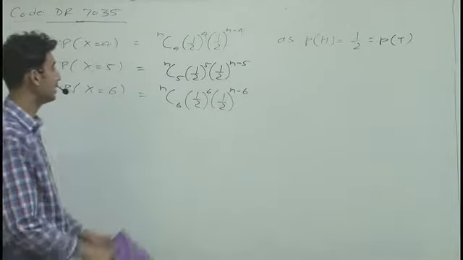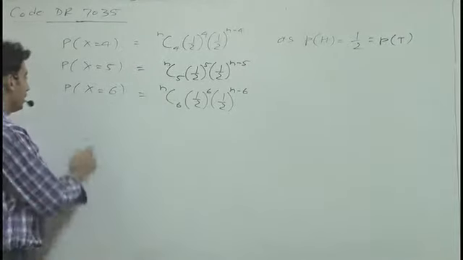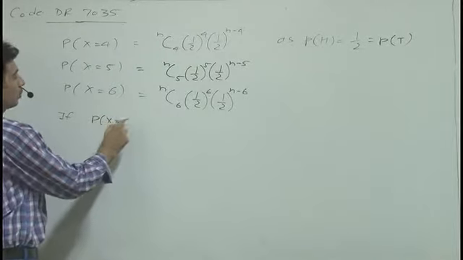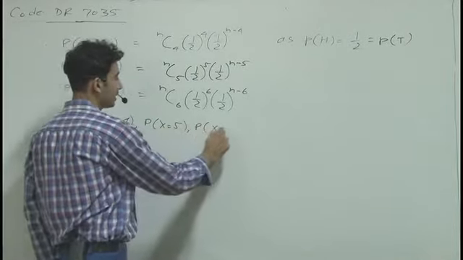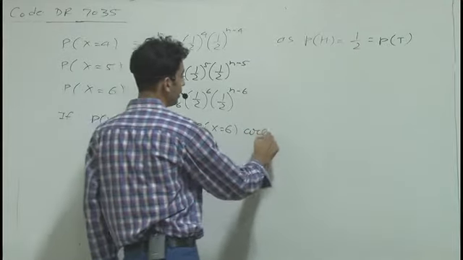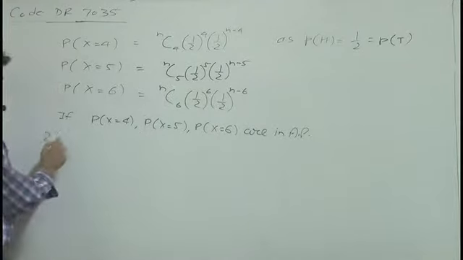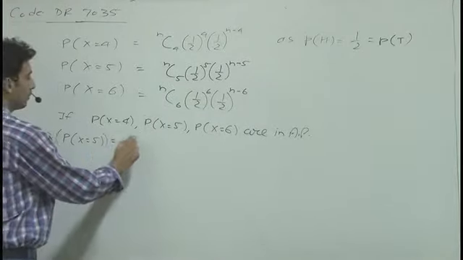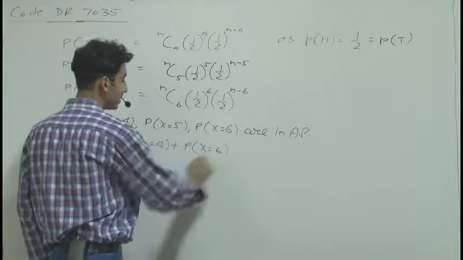So as we can see, all of them are already written. Now if P(X = 4), P(X = 5), P(X = 6) are in AP, arithmetic progression, then we can write 2 times P(X = 5) = P(X = 4) + P(X = 6).